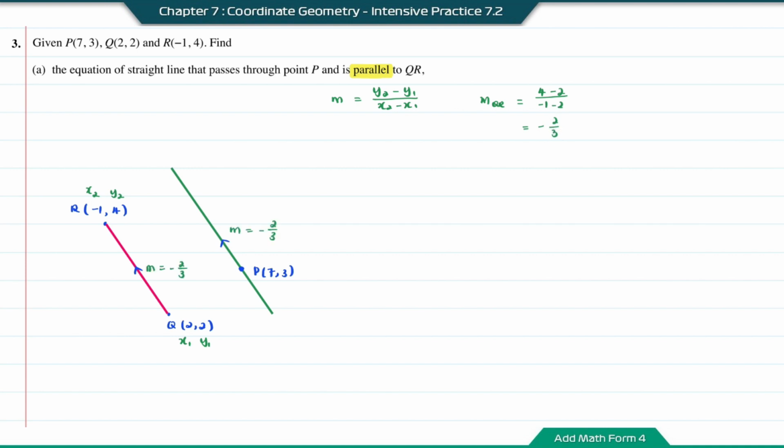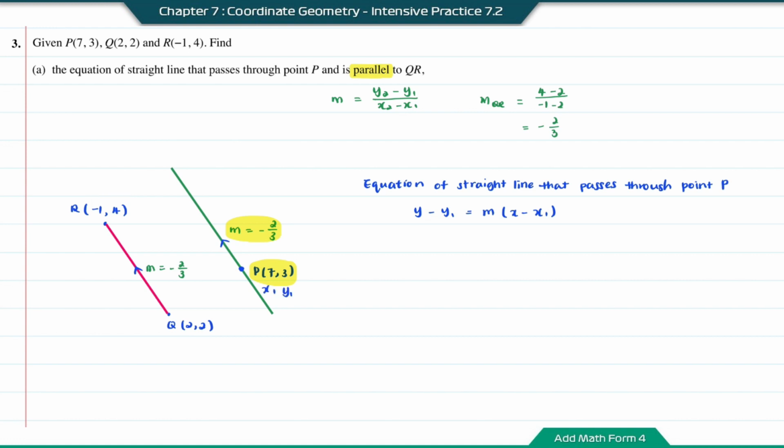So now we already know the gradient and the coordinates of one point that the straight line passes through. Then to find its equation, we're going to use y minus y1 equal to m bracket x minus x1. So y minus 3 is equal to negative 2 over 3 times x minus 7.